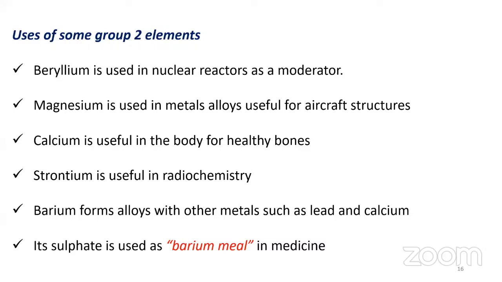You ingest it and it forms an opaque around your stomach. With that, you can then take the x-ray of your stomach. So these are some of the other uses of your group 2 elements.